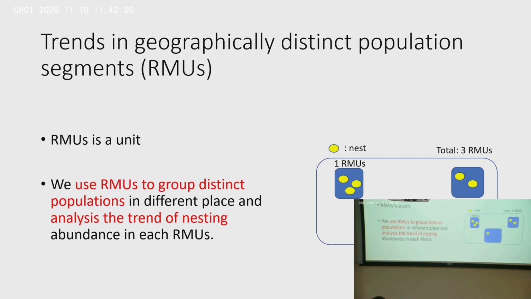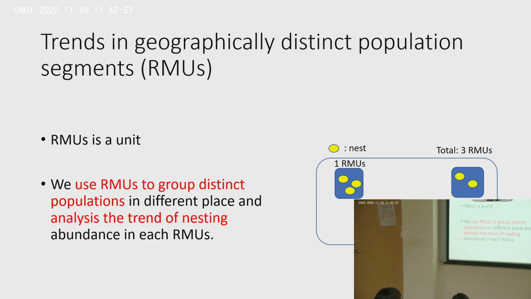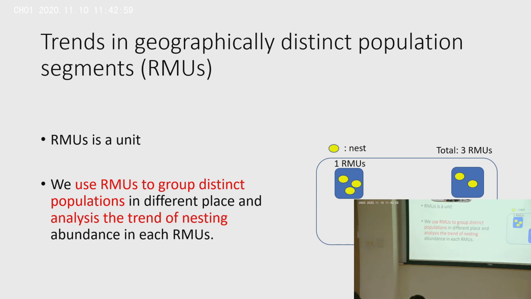Trends in geographical distinct population segments. RMU is a unit, and we use RMUs to group distinct populations in different places and analyze the trends of nesting abundance in each RMU.